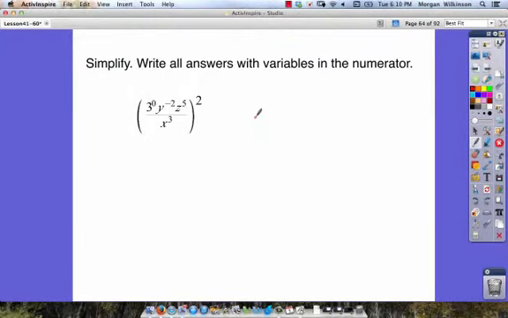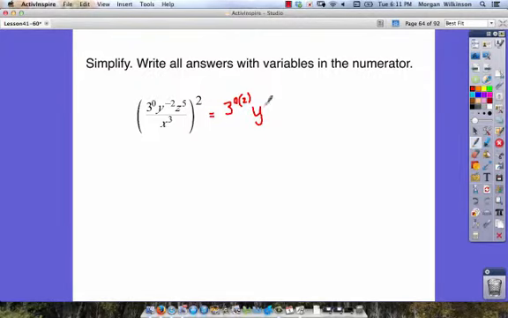Here we have to simplify. We want to write all answers with variables in the numerator. So what we're going to do is multiply all of our powers in this by 2 because everything is being raised to the second power. So we get 3 to the 0th raised to the second power. 0 times 2, we'll write it out. 0 times 2, that's just 0.